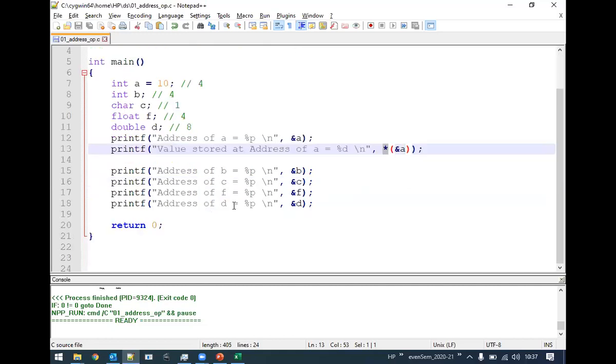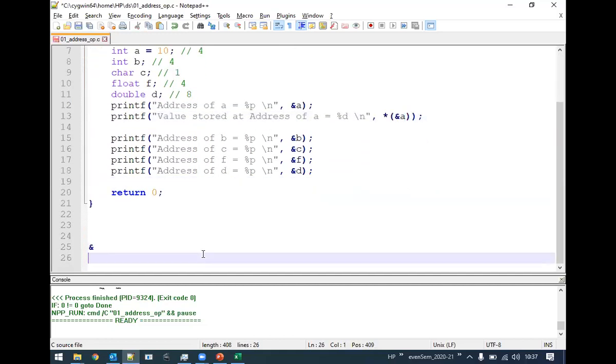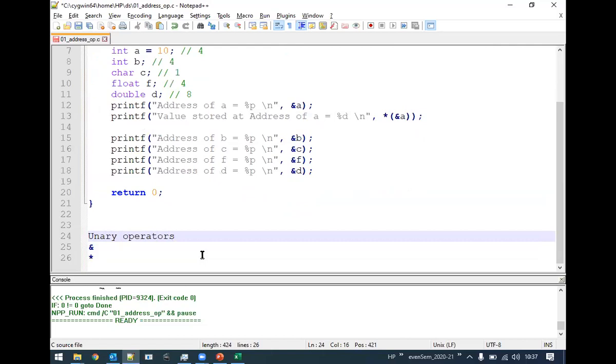Now two more things let me clear here. The ampersand, that is address of, as well as the star, the indirection, are unary operators. What do we mean by unary operators? They operate on a single operand, right?